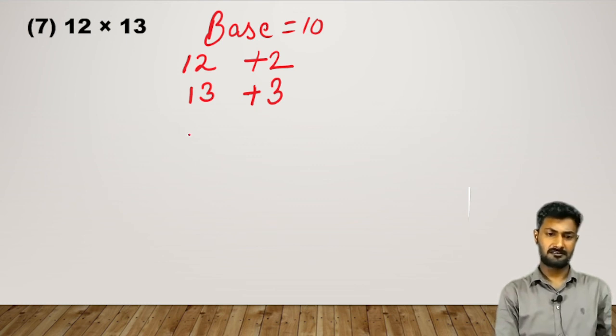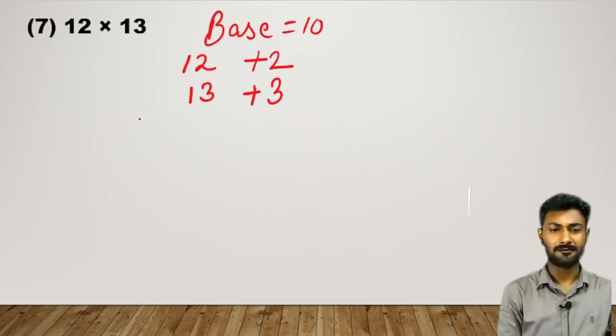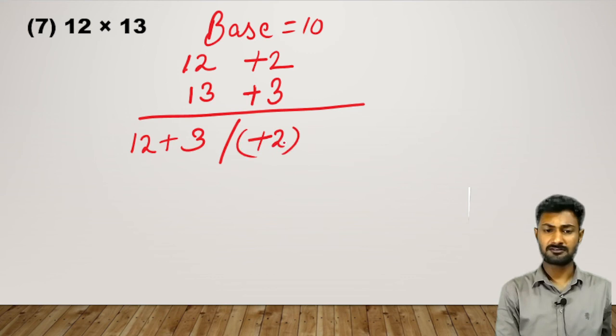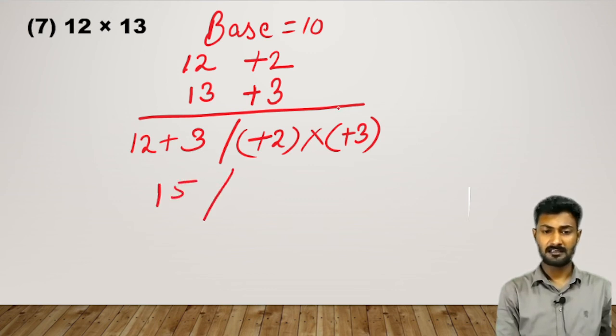Now 12 plus 3, cross solve, and multiplication of deviation, +2 multiplied by +3. This becomes 15, and since both are positive, the multiplication of both numbers is positive. 2 multiplied by 3 is 6. Answer is 156.